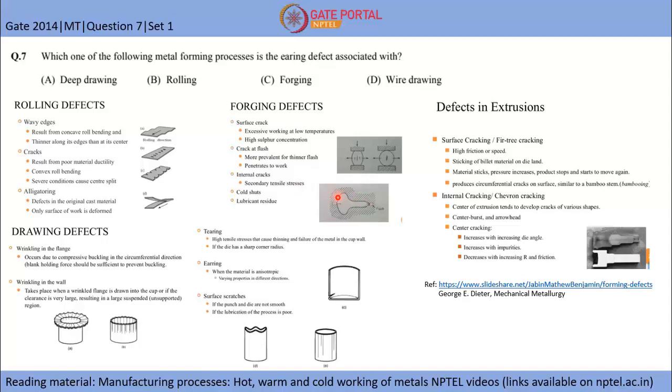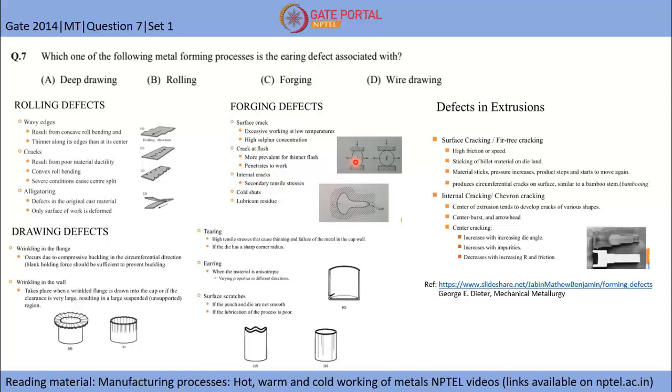When you ram it, some material flows out. That material which flows out of the shape is called flash. And when you cut this material, some crack would always be present here. Hence this is crack at flash. Internal cracks can be present as you are compressing from one side.